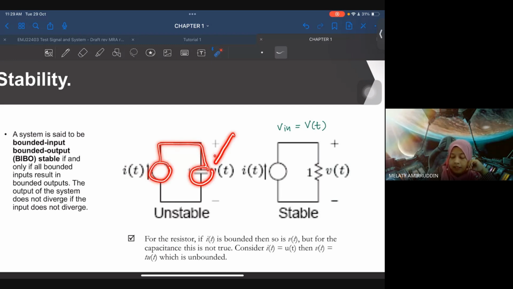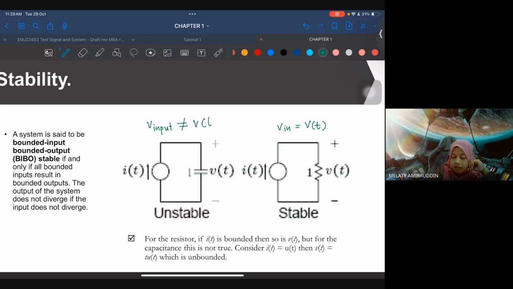So when it is stored, the energy here, the voltage here, is different from the input. It is always stored in the capacitor, and then we can say that V input cannot equal V output because the capacitor stores energy. Okay, can you get it?